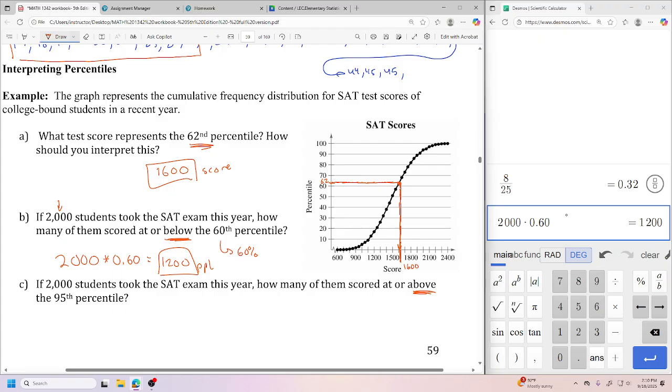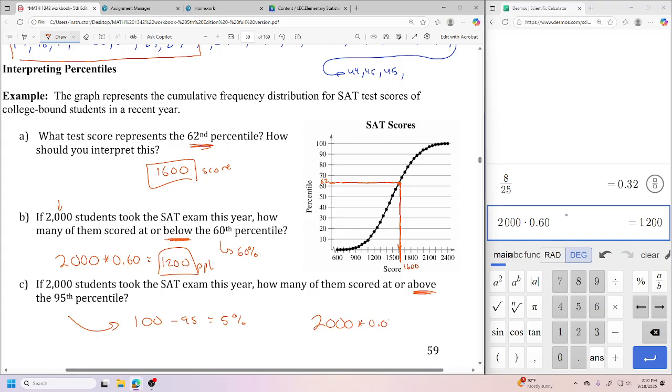There we go. Did you want to see it? Okay, let's try it out. So it says above 95th. So like we got 95 below. So what would be above? 5%. I'm basically doing 100 minus 95 is 5%. And what do I do with the 2,000 now? You got it.